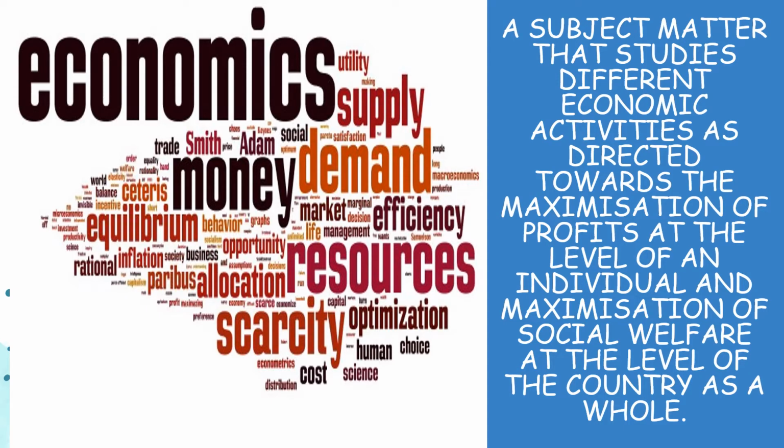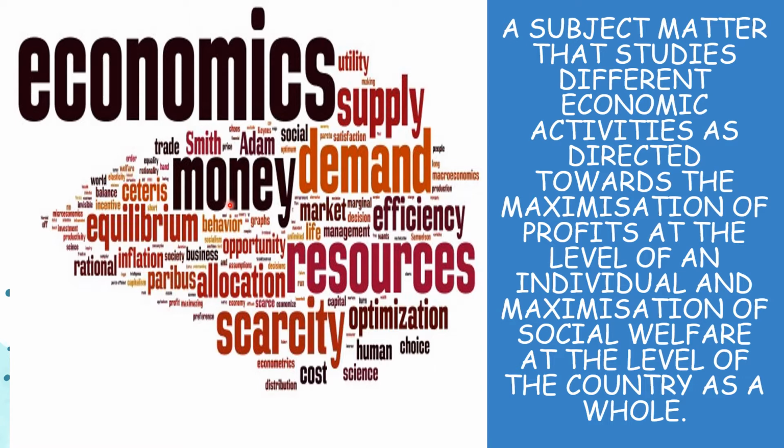Now that we have focused on what economic activities take place in the world, we are moving closer to understanding what economics really studies. Well, you see a word wall here, and you have words that are related or associated with the subject matter of economics.